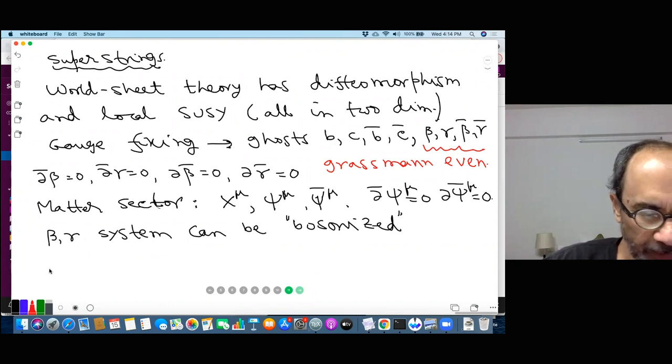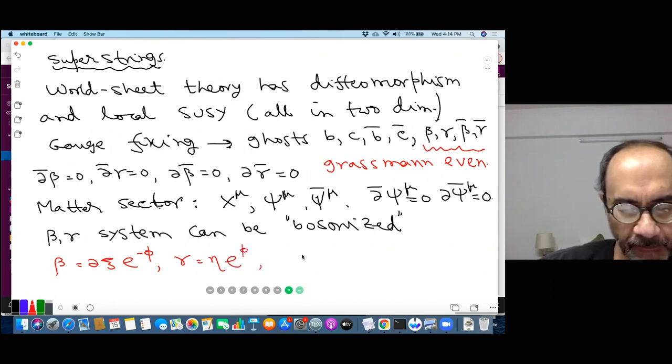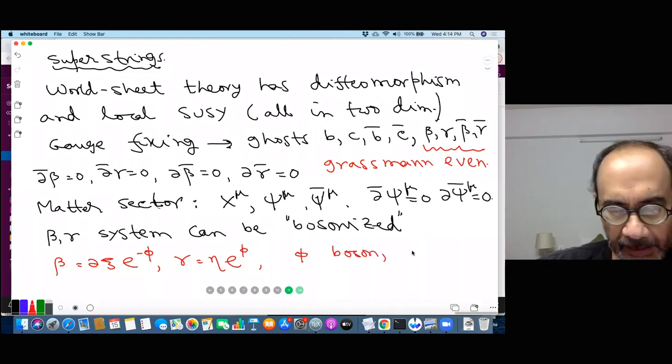So the rule for bosonization is that beta is del xi e to the minus phi, gamma is eta e to the phi, where phi is a boson and xi, eta are fermions.